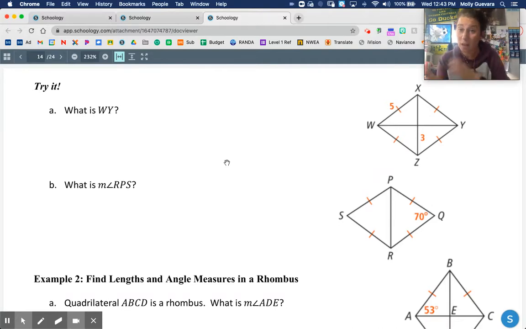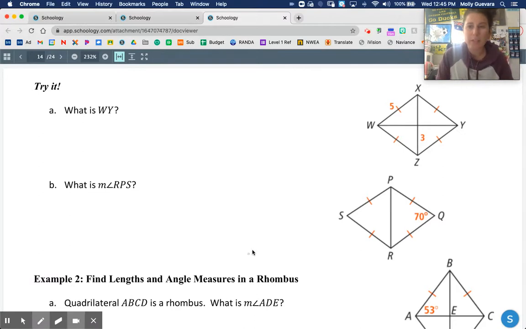You might have to find other pieces in order to find what it is you're looking for. I want you to take some time on these two because it's not always just intuitive, like, oh, it's 5 or whatever, right? So I want you to take some time and actually try these, start labeling things that you know and so on. And then when you're ready to go over it, go ahead and hit play on the video and we'll review it.